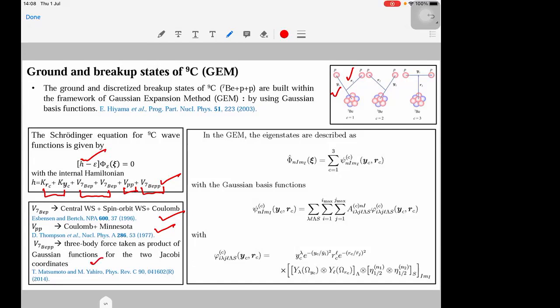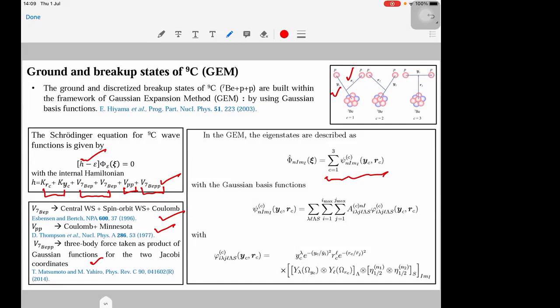In the Gaussian expansion method, the eigenstates are the solutions of the 3-body Hamiltonian expanded in terms of Gaussian basis functions. All the 3 channels corresponding to different Jacobi coordinates are taken into account.